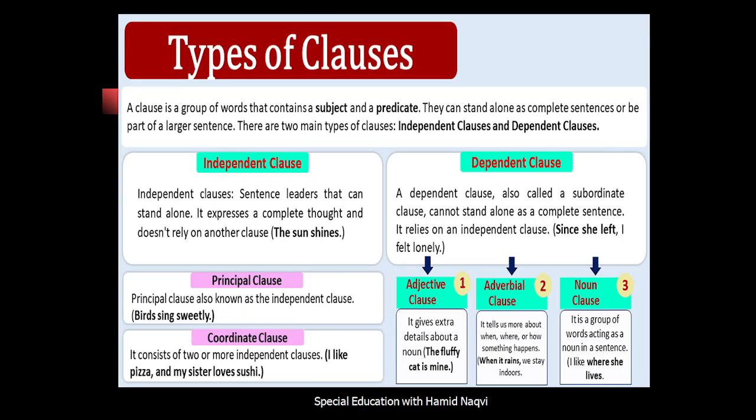An independent clause expresses a complete thought and doesn't rely on another clause. Whereas a dependent clause, also called a subordinate clause, cannot stand alone as a complete sentence because it is relying on another clause, an independent clause.